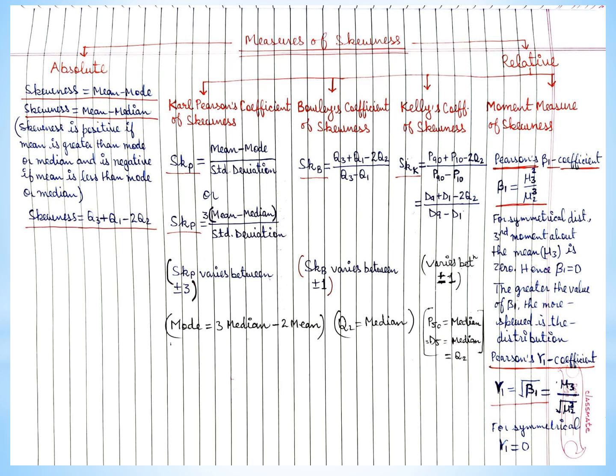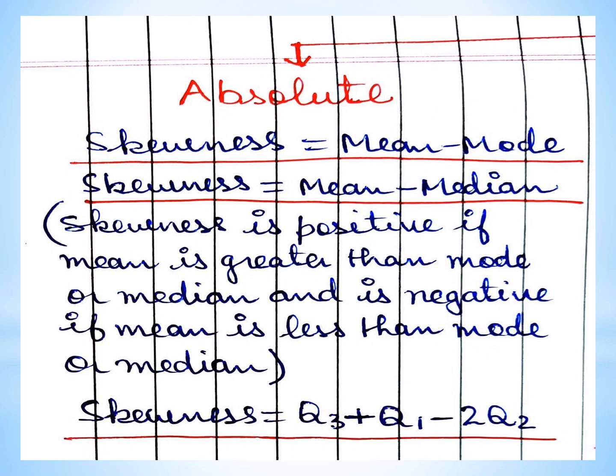So let's come to measures of skewness. We have two measures of skewness. First is absolute measures of skewness and second is relative measure of skewness. So first come to absolute measure of skewness.